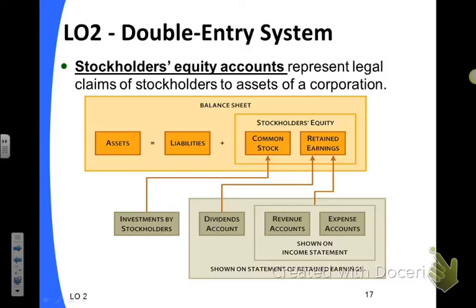And then it blows out the investments, dividends, revenue, and expenses accounts. It emphasizes how revenue minus expenses are shown on the income statement. Dividends and all of these are actually shown on the statement of retained earnings. And then our stockholders' equity, common stock, is shown outside of this box.